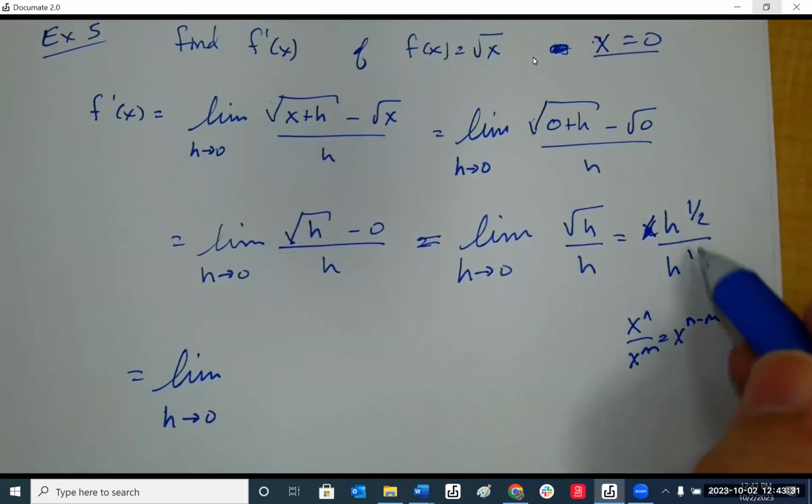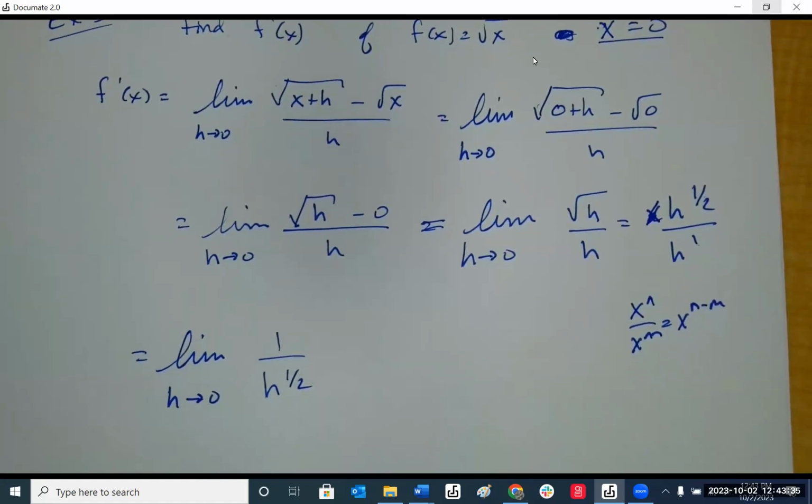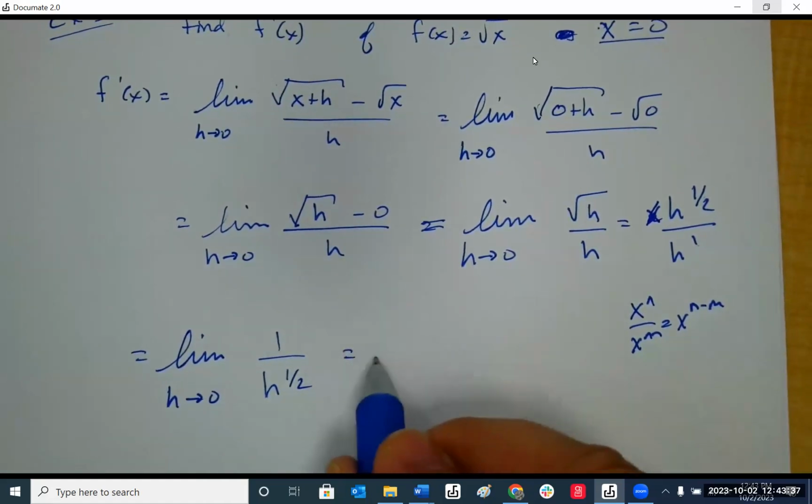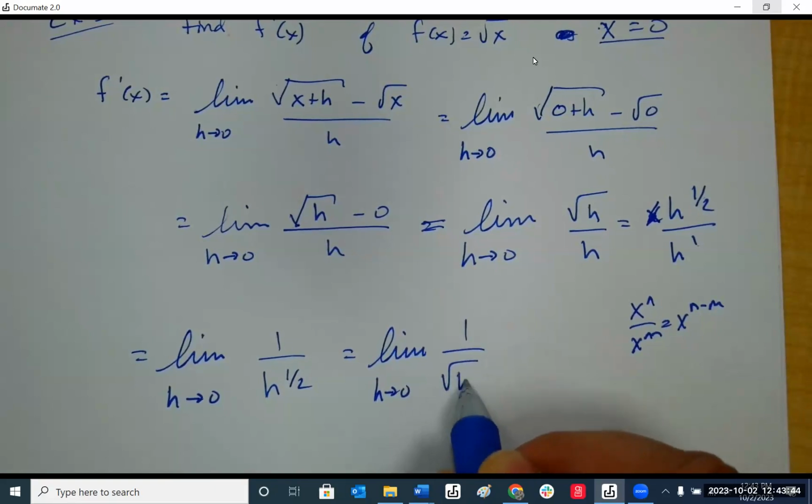So there's half on top, one on the bottom, so we're left with h to the half on the bottom, which is square root of h.